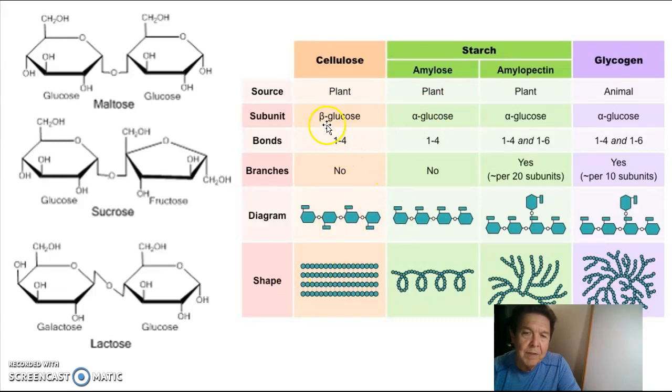Both are linear, but the bonds are different. Amylopectin and glycogen are both branched, but as you can see here, glycogen is more branched than amylopectin. Both contain 1,4 and 1,6 alpha bonds.